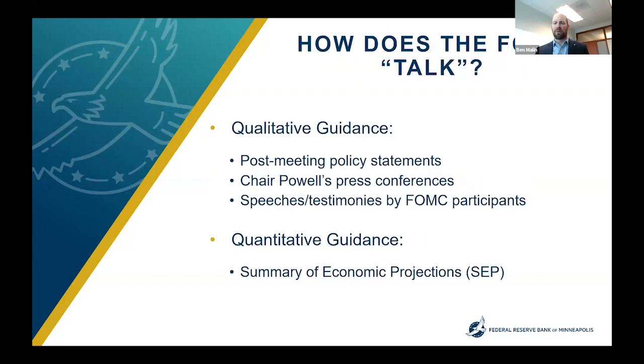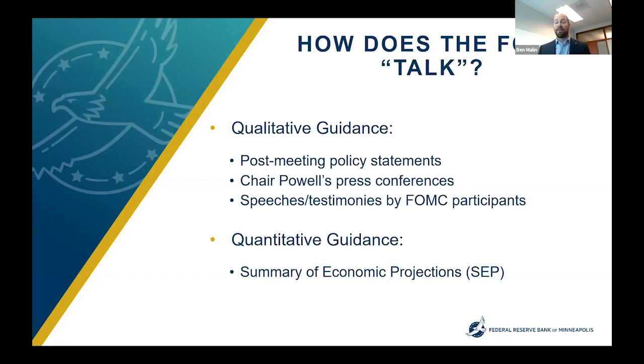So how does the FOMC talk if talk is 98% of the power of monetary policy? Well, there's different forms of communication. There's qualitative guidance. Here I list a few examples. So think about when the Federal Open Market Committee has a meeting, like they will in 3 weeks. At the end of the meeting, they make a decision on policy and they put out a post-meeting policy statement, 4 or 5, maybe 6 paragraphs explaining their objectives, their outlook on the economy, how that outlook affects the policy decision they decided to take.